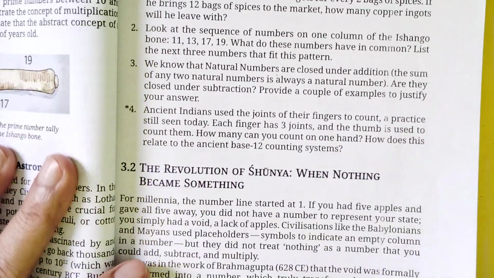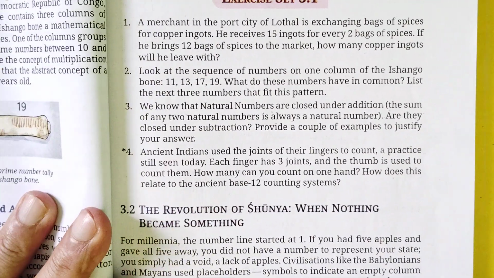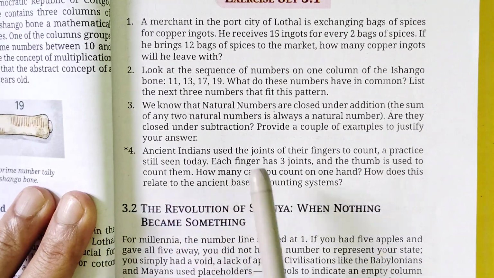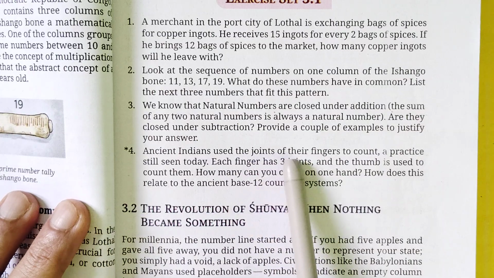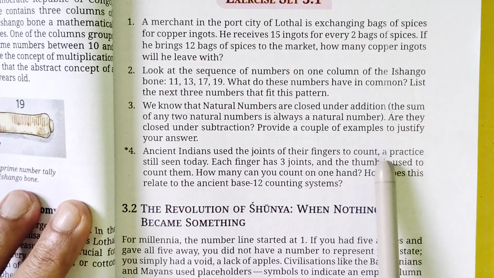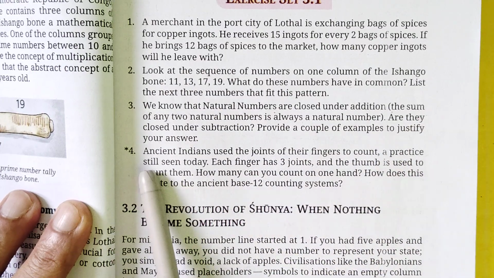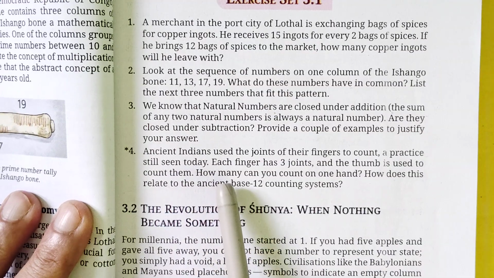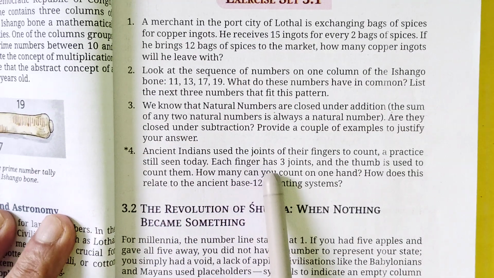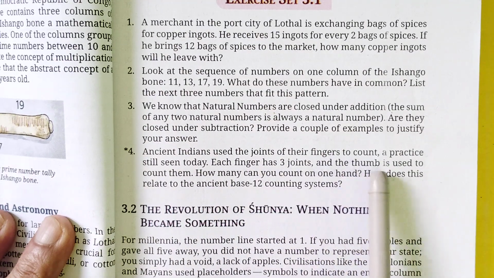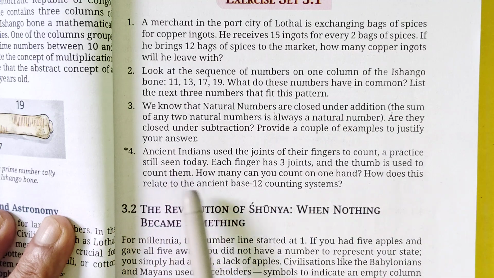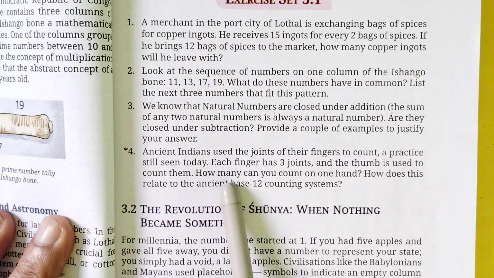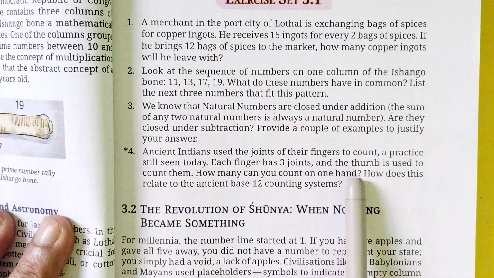The fourth question says, ancient Indians used the joints of their fingers to count, a practice still seen today. Each finger has 3 joints and the thumb is used to count them. How many can you count on one hand?